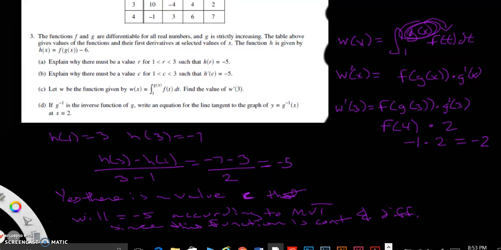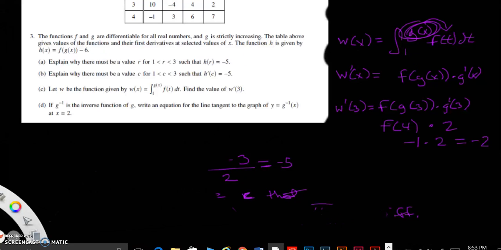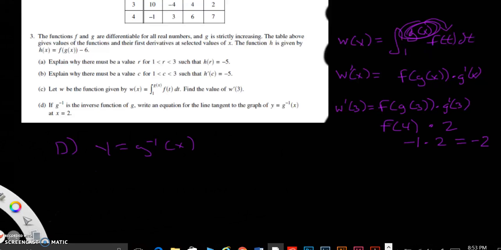Okay, part D. Let me erase this piece so I have room to do D. Part D says, if g inverse is the inverse function of g, write an equation for the line tangent to the graph of y equals g inverse of x at x equals 2. So we need a point and we need a slope.